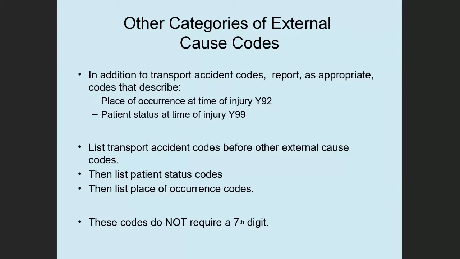List the transport accident codes that we've talked about before, then other external cause code, then patient status code, then list place of occurrence code. These codes do not require a 7th digit for when treatment occurred. This is because these codes are only used for the initial treatment.